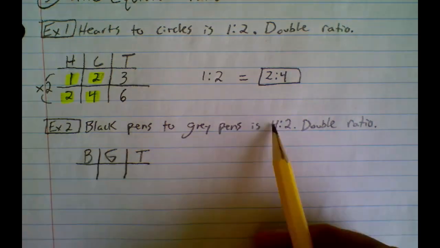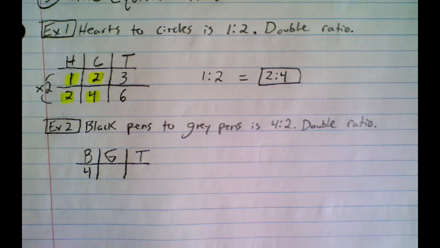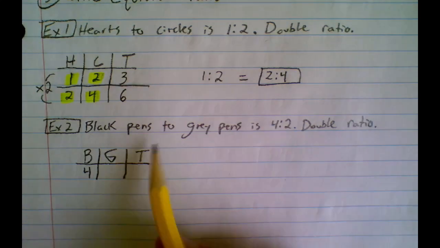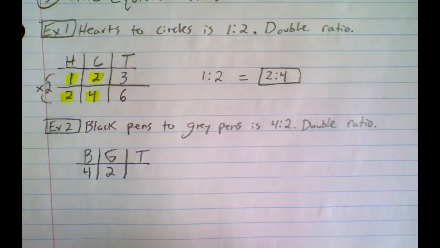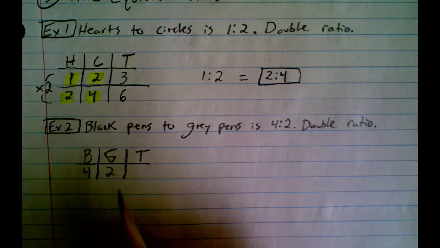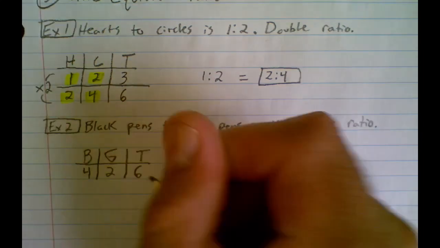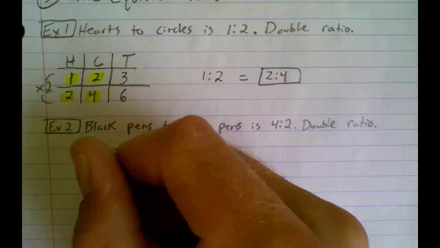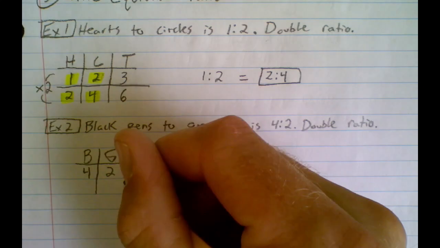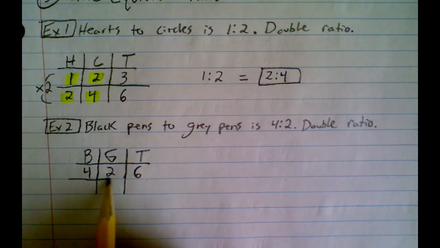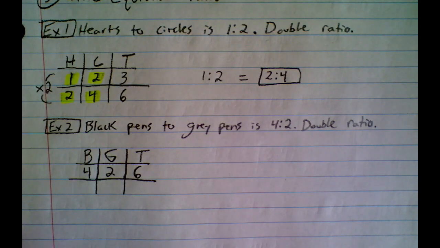Fill in your table. We know we have 4 black pens, so we're going to put 4 there. We have 2 gray pens, so put a 2 on the G. And total items, we have 4 plus 2, that gives you 6. Extend your table one more line and make your tic-tac-toe board.